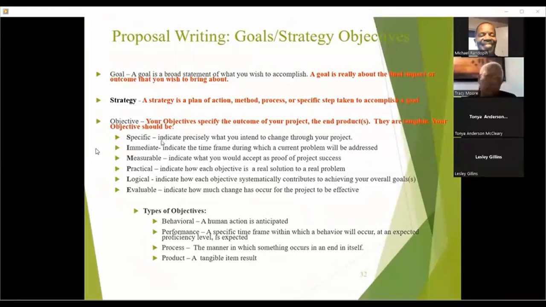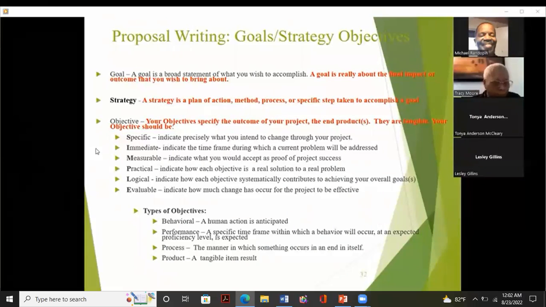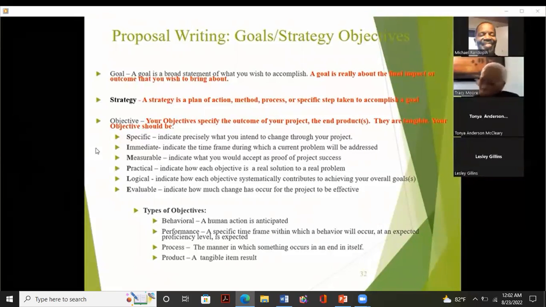For example, it's going to say our objective is to provide a teenage pregnancy workshop to 30 teenagers in Israel County for 6 weeks with an expected outcome that would change their behavior. So what does that mean? Your objective should be specific, immediate, practical, logical, and you should be able to evaluate it.